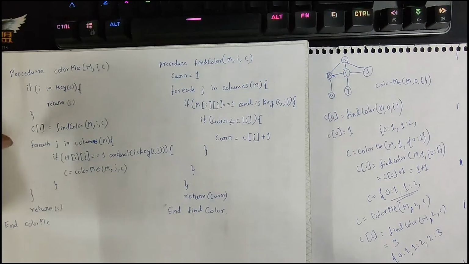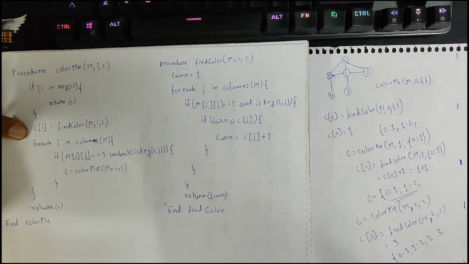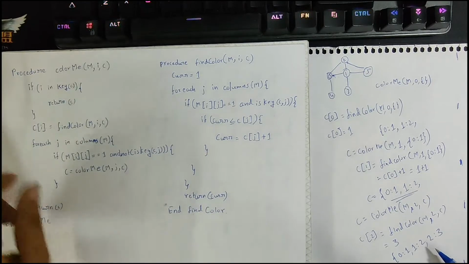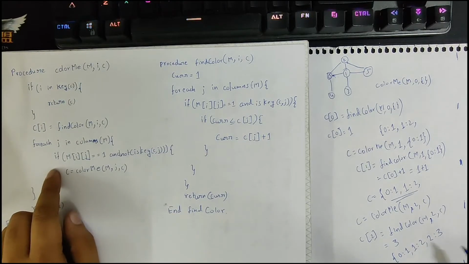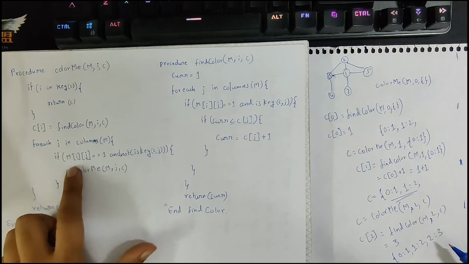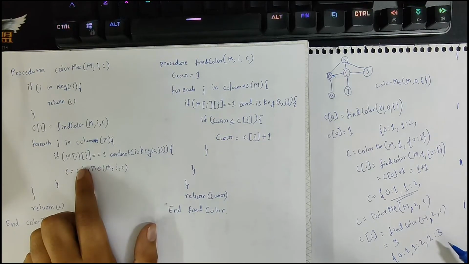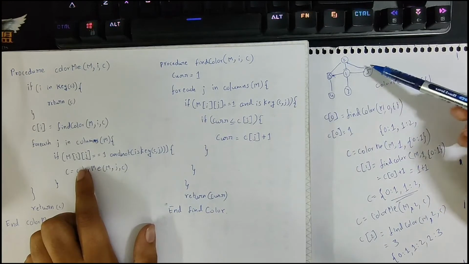So here we have already assigned the value for 2 using find color. So there are 3 elements in the dictionary, that is for keys, vertices 0, 1 and 2. Now we are checking the edges from 2. There are 3 edges from 2, 2 to 0, 2 to 1, 2 to 5.